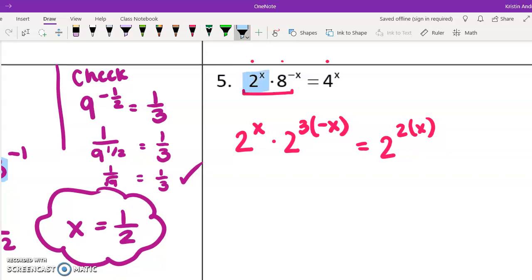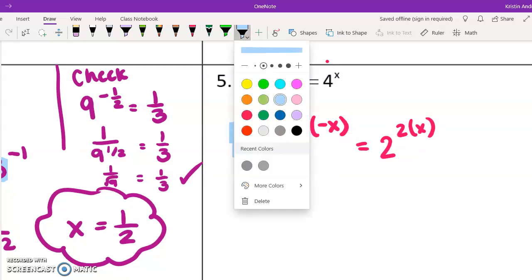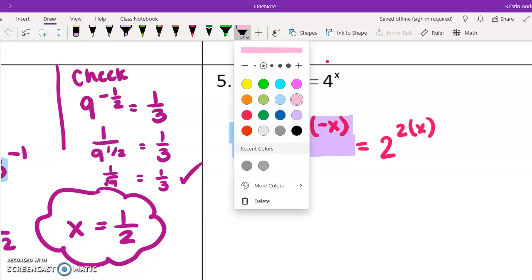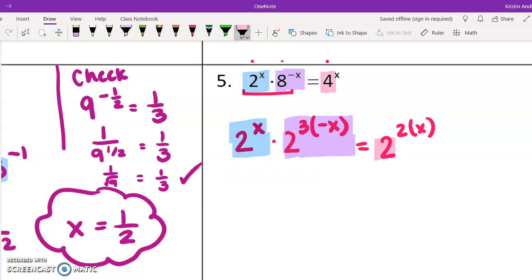So I have 2 to the x. I have the 8 is the 2 cubed part, and then the negative x is still there. And then I have 4, which is 2 squared, and then I have still the x from before.